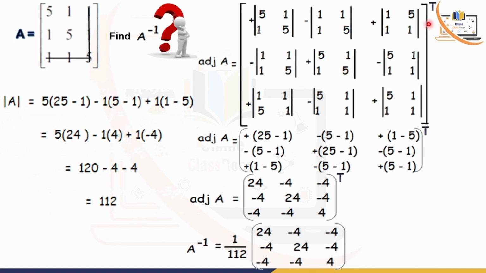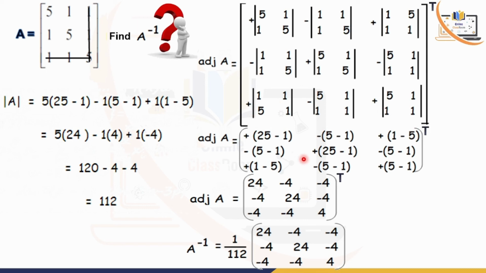If I take the transpose of this matrix, this is the adjoint of A. Just use your determinant rule, that is 25 minus 1. The next one will be 5 minus 1. The next one will be 1 minus 5.